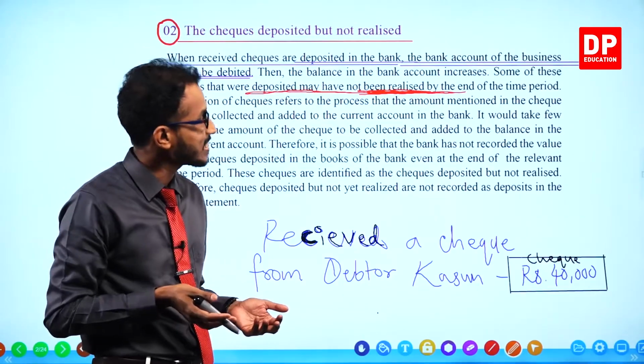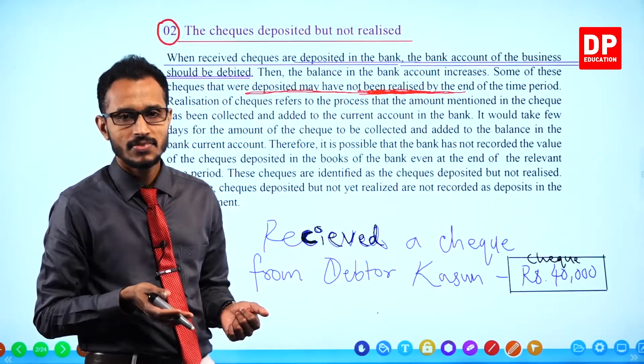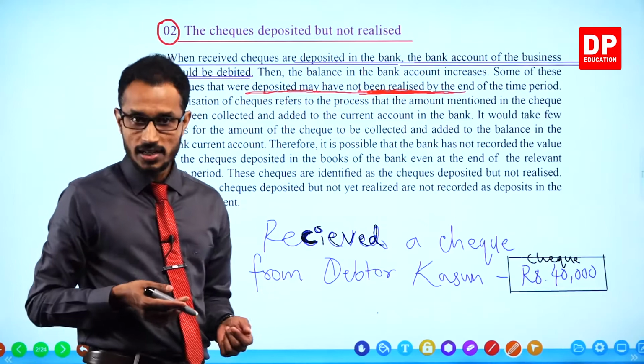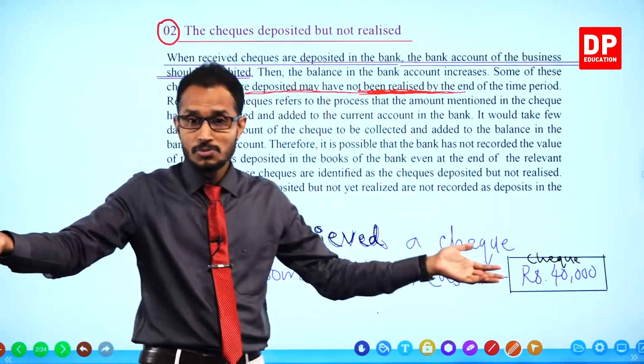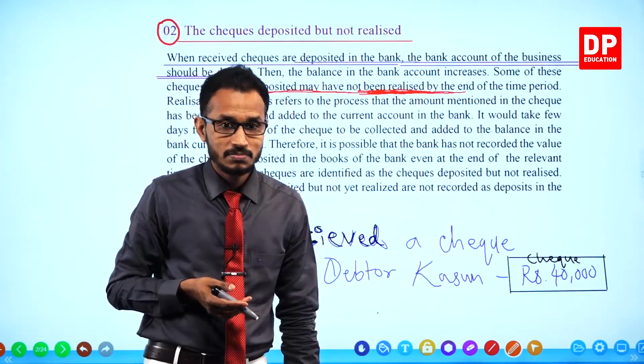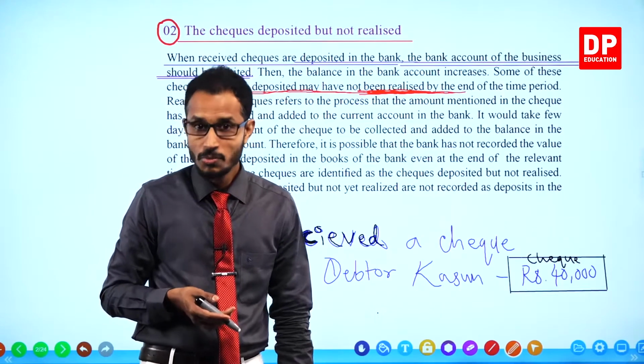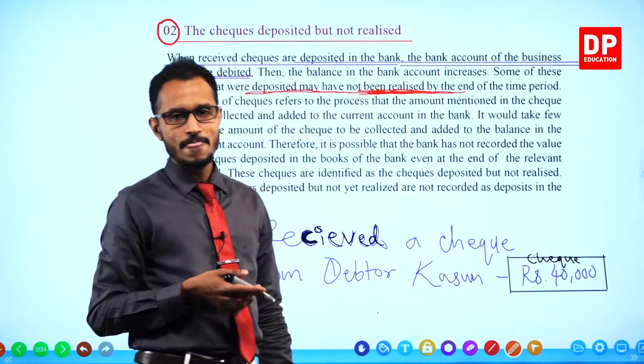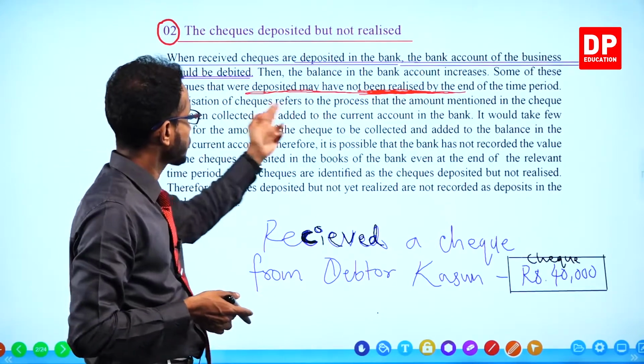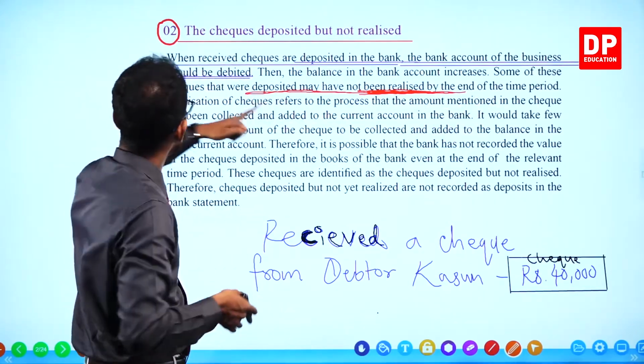The check is yet to be realized. Got it? I'm explaining like I'm explaining to lower grades. You must understand these, children.